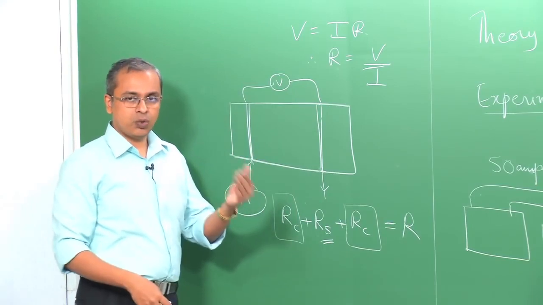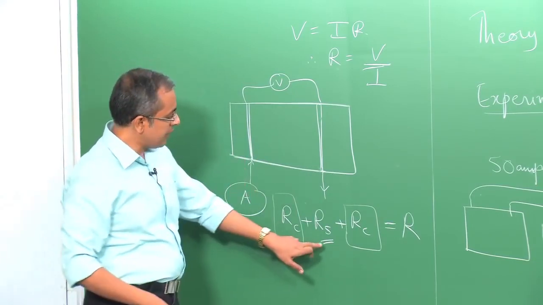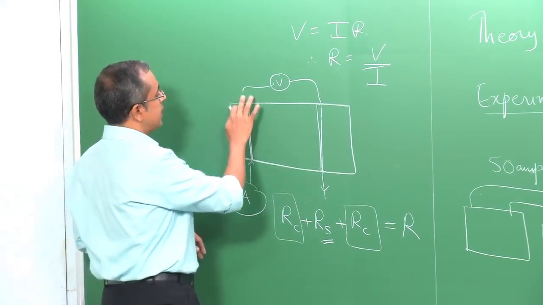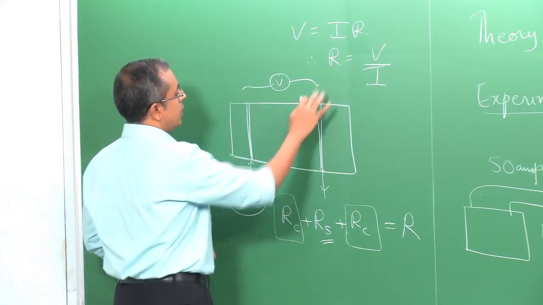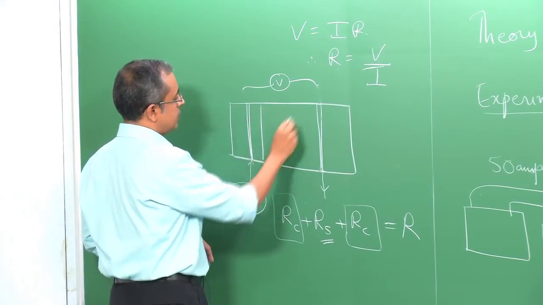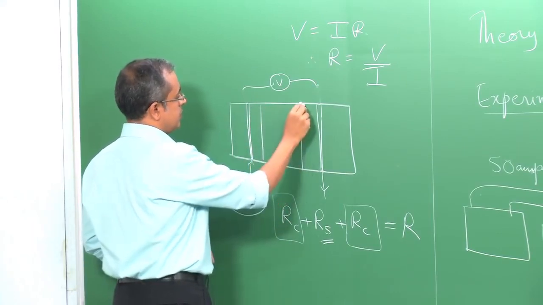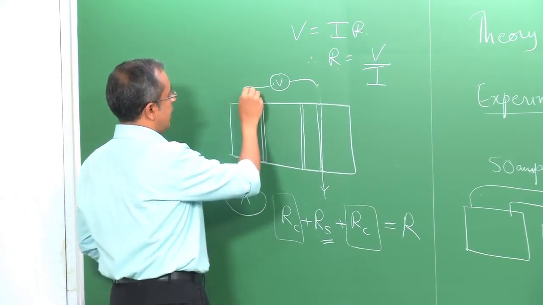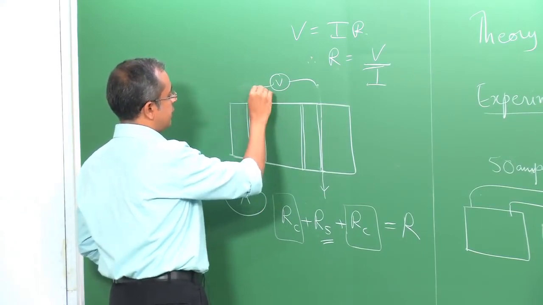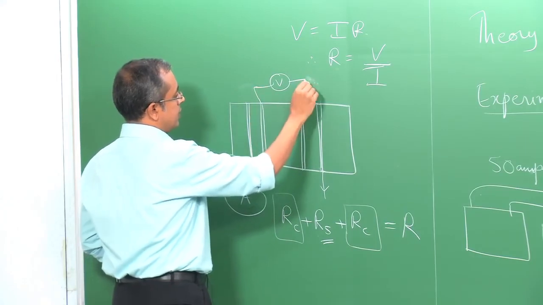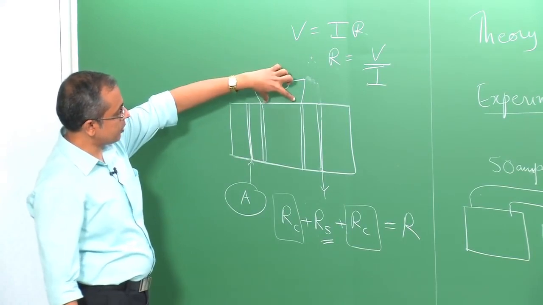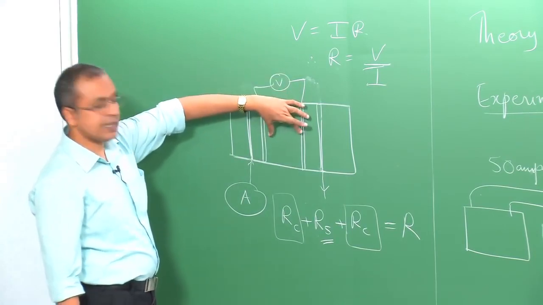This is called a two probe measurement, and a very simple way to correct for this, to avoid this contact resistance problem, is to simply move the voltage leads away from here to two other locations in the sample, and therefore, now you will have voltage from here to here. So, the voltmeter connects to two locations which are towards the interior of the sample.